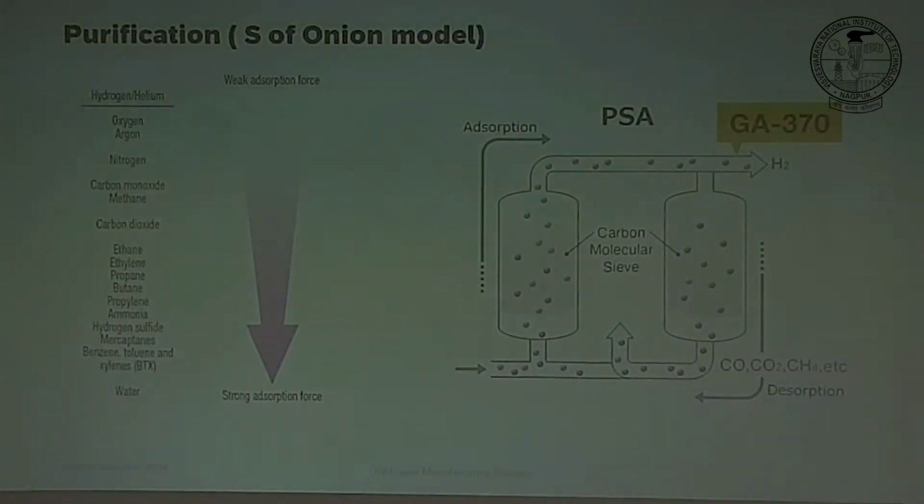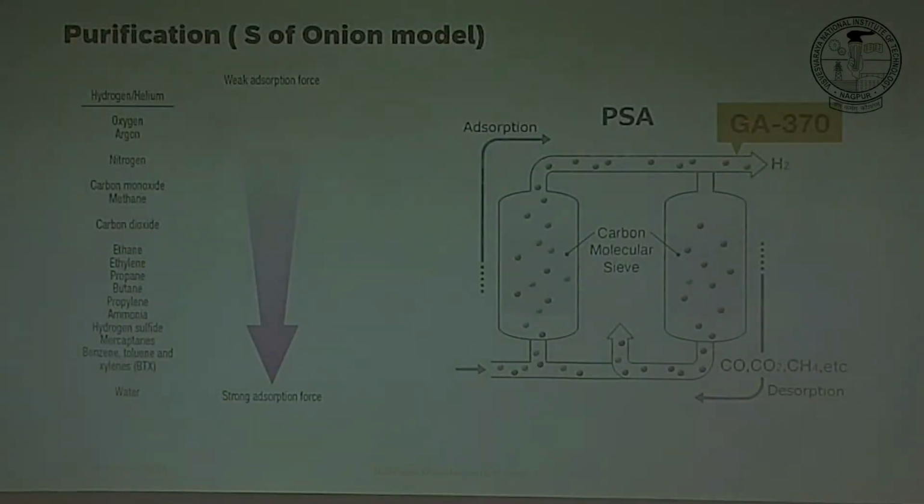So adsorption is a phenomenon of molecules passing through certain structures, certain pore sizes. It also depends on the adsorption forces. And fortunately, hydrogen being the lightest and smallest, with a very low atomic and molecular diameter, it's very easy to separate hydrogen from other gases using this method.